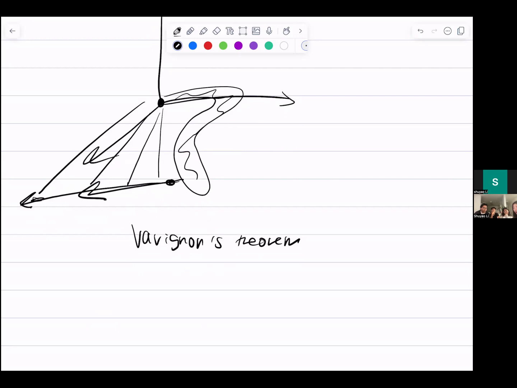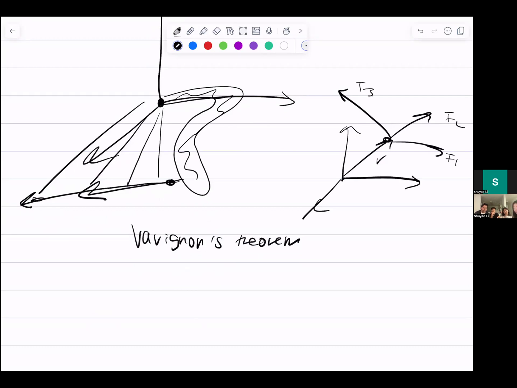So if we had multiple forces here, F1, F2, F3, we could find the total moment by simply doing R cross the resultant force, because they all are concurrent at the same point. So they have the same moment arm. And I think that's it for moment.